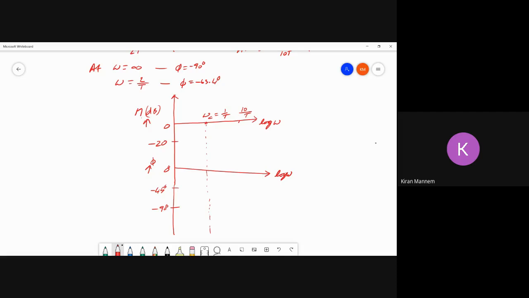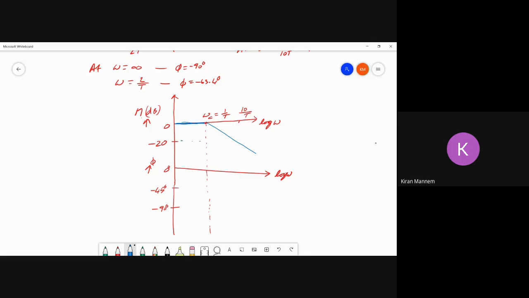Then before the corner frequency 1 by t, it is the 0 dB line. I'll draw it with another color, blue, before the corner frequency. I'm making it thick. And then after the corner frequency, it is minus 20 dB per decade. And we know that whenever it is minus 20 dB per decade, it would be like this, right?